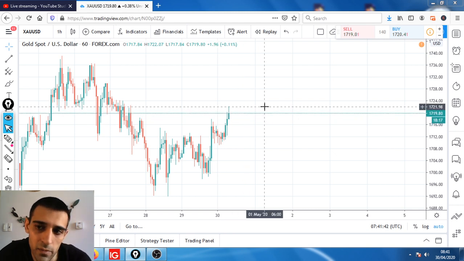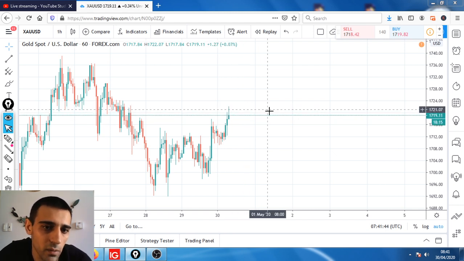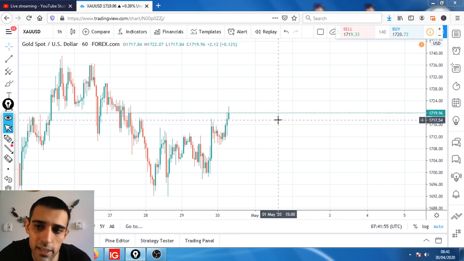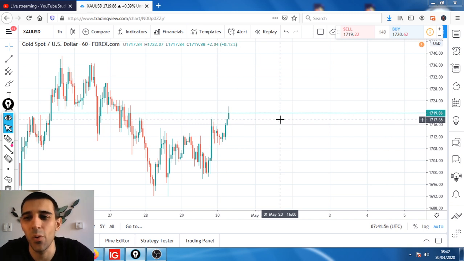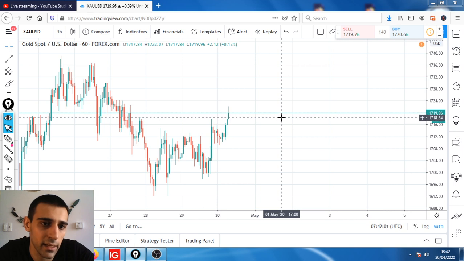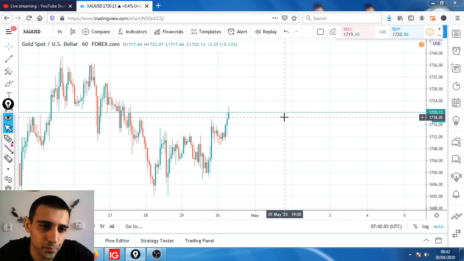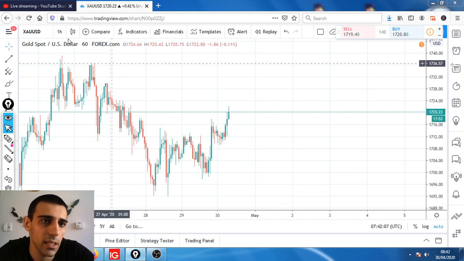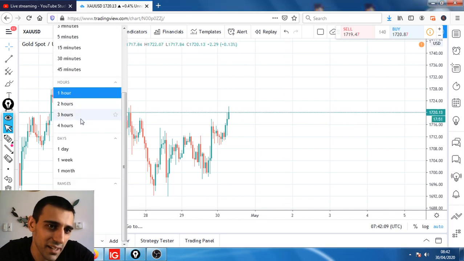If it does close up at that 1721 zone, then a retracement to 1717.50 we can use as a retracement to get on to the entry. Yeah, I still don't like it though.